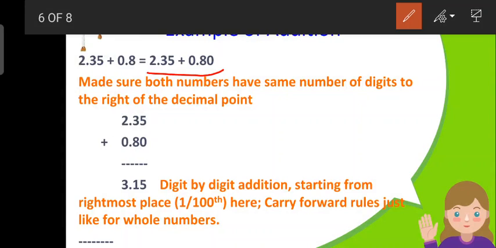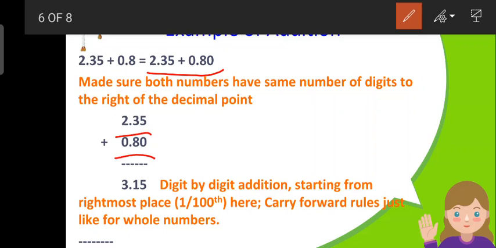Did you understand why we are adding 0 here, by the way? Because it makes the job easy. Otherwise, you may not write properly, as the decimal points have to be aligned in a straight line. As you can see here, the points are in the same line. So 2.35 plus 0.80.